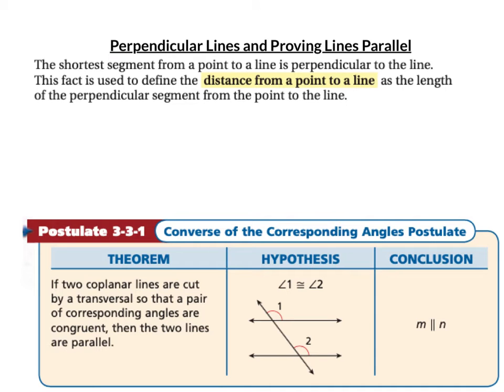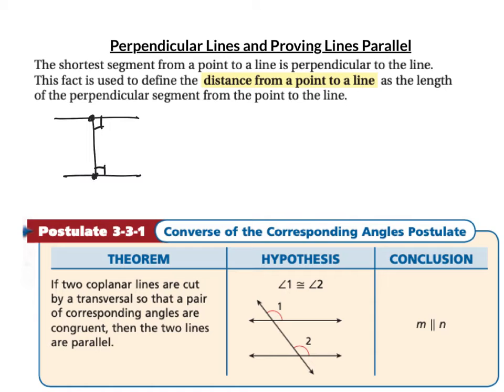In geometry, we define the distance from a point to a line as the length of the perpendicular segment. This concept's actually important, but we do it naturally. If I have a room and I have a floor and a ceiling, and I want to measure the distance between the floor and the ceiling, I of course do it along a perpendicular, straight up and straight down.